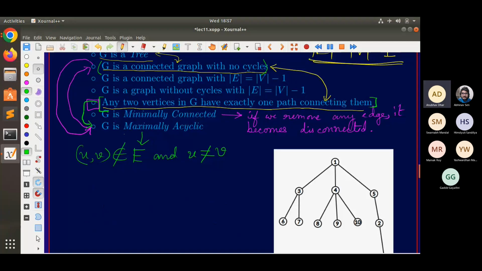Then you can say that, okay, let's say we have two nodes U and V, and we want to add a new edge from U to V, but we already know that there is exactly one path from U to V. Then adding this new edge would cause the graph to have a cycle with the pre-existing path from U to V. And that's it.